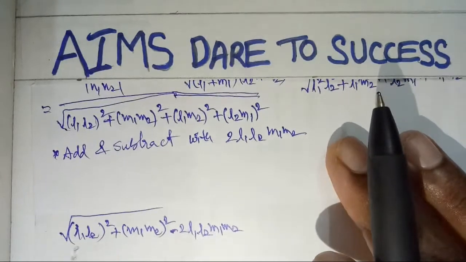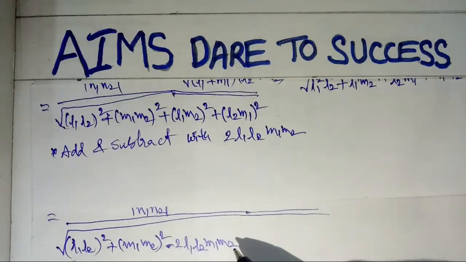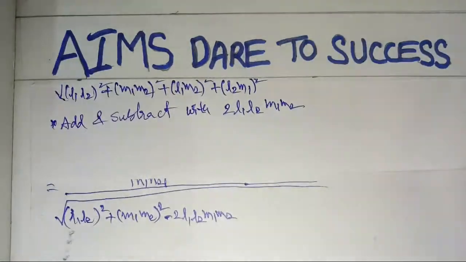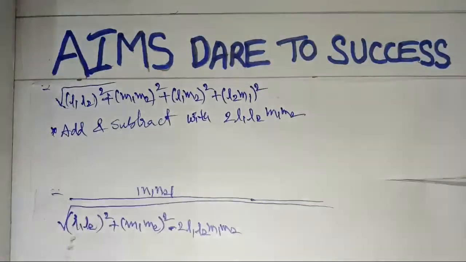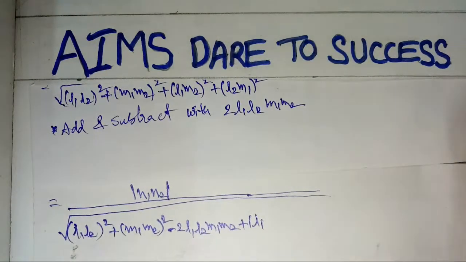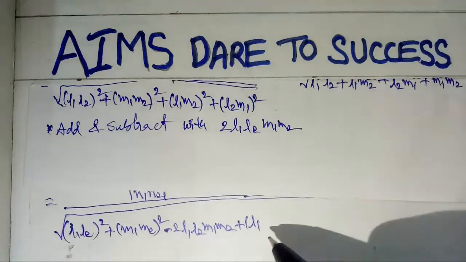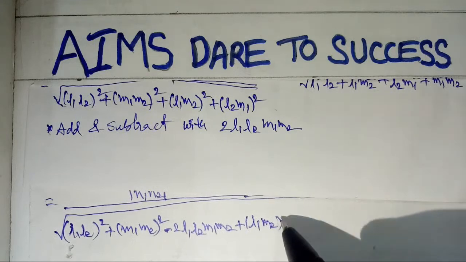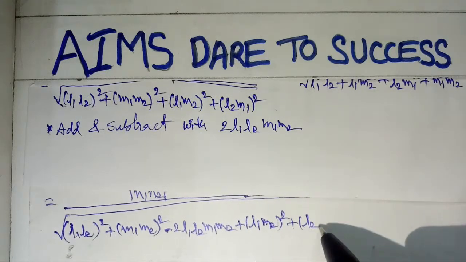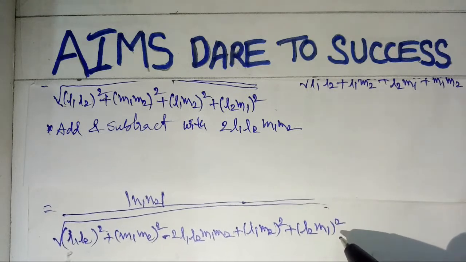Okay, after that, place L1 M2 whole square, place L2 M1 whole square. Now add with.